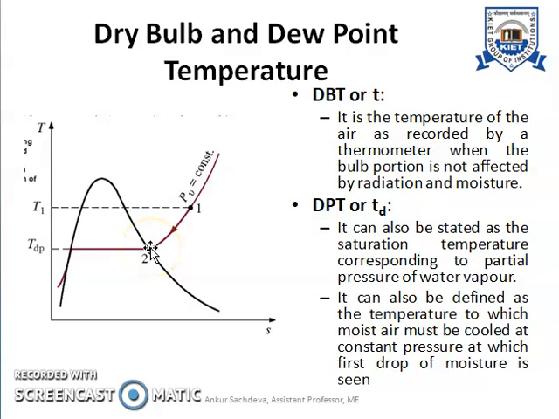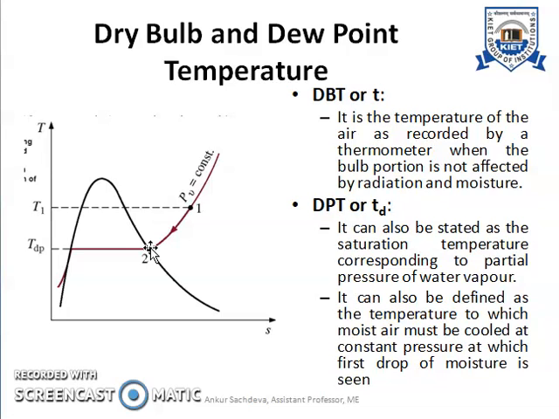At point number 2, you will note that the moisture which is present in the outside air starts condensing, or you can say that the first drop of moisture starts appearing on the surface where you are cooling the outside air.